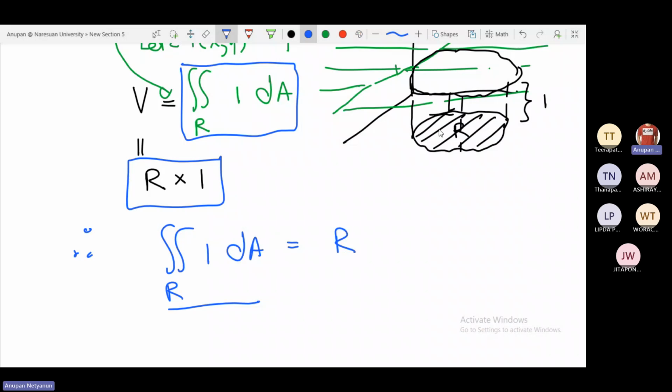And the way to get the area, you let the function here be a constant 1, and then the outcome will be equal to the area of the region, okay?